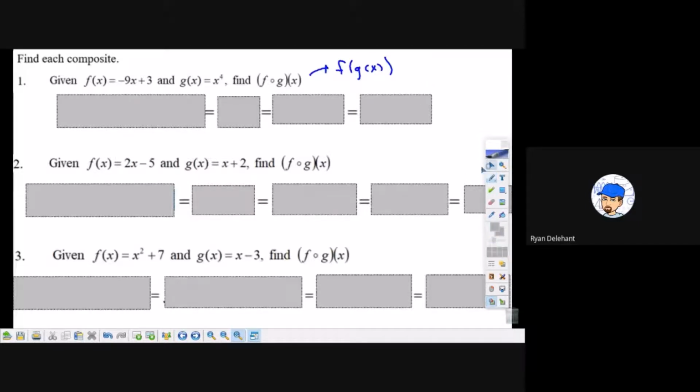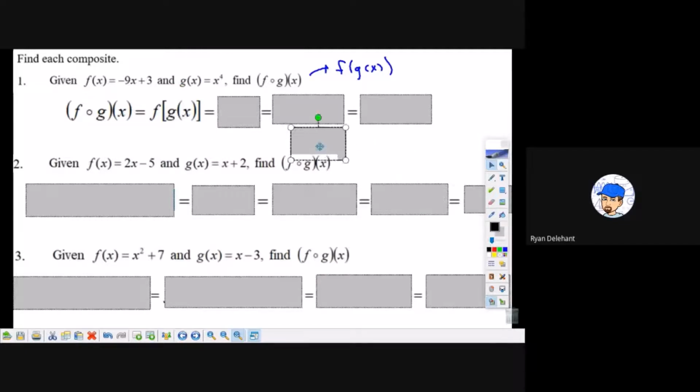So what we're going to do is, when we look at this, this is what we want to find. So this is where we start. We know we want f of the g of x function. What is g of x equal to? g of x is equal to x to the fourth. That's what we had done with the number. Whatever number had been in here, we would have taken that number to the fourth and then plugged that answer in.